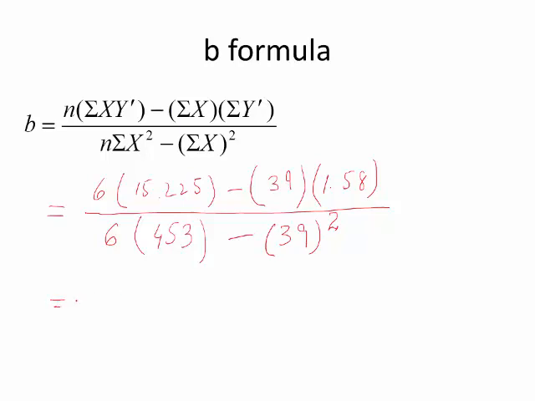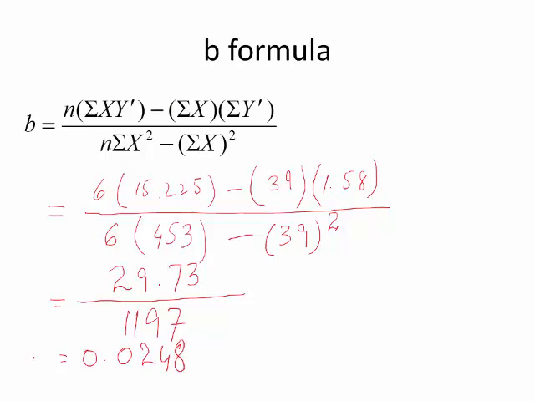If you simplify the above term, it will become 29.73 and at the bottom you will get 1197, and if you further simplify it, it will give you the answer 0.0248, and this is my value of b.